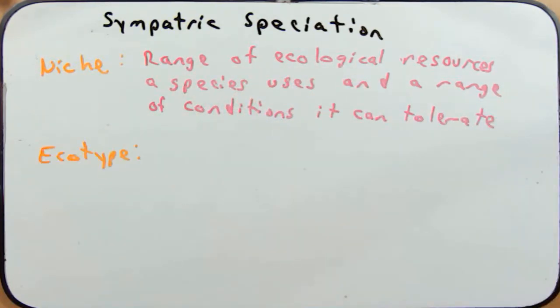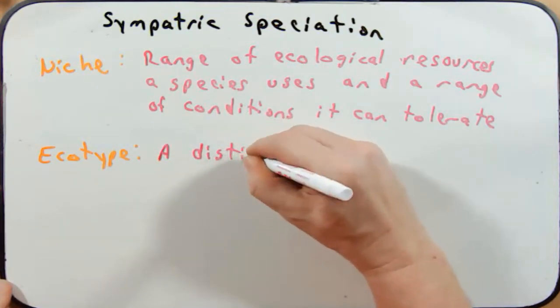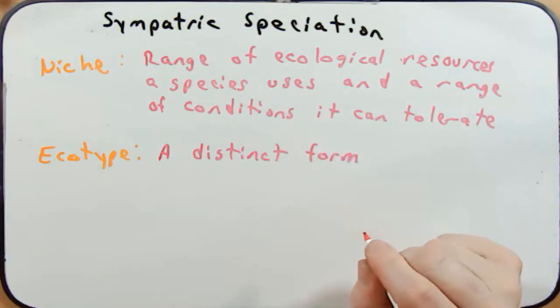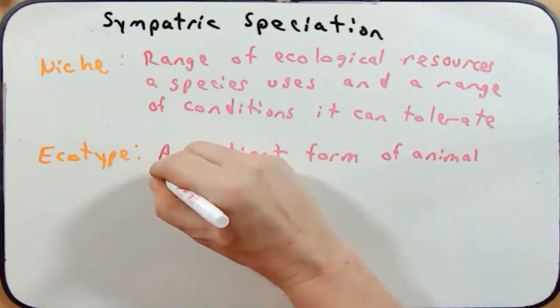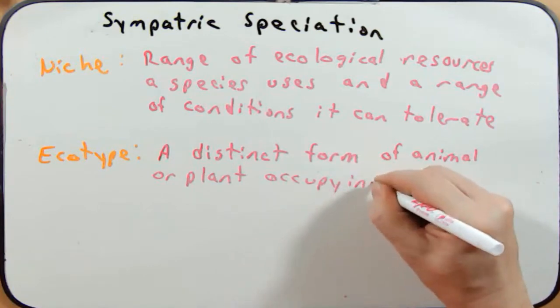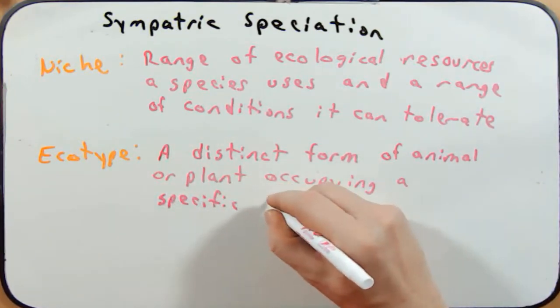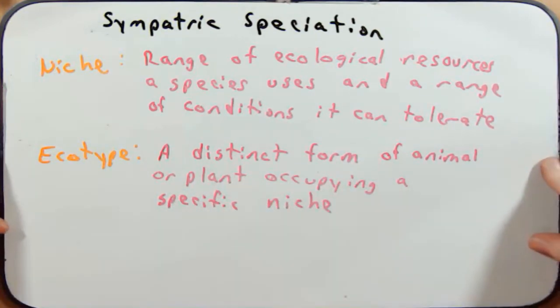And an ecotype is a distinct form of an animal or plant occupying a specific niche. Okay, so as we talk about disruptive selection as a way to get to sympatric speciation, we're going to use these terms, so keep them in mind.